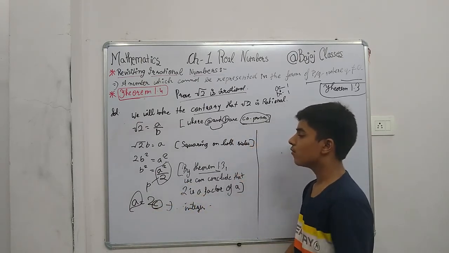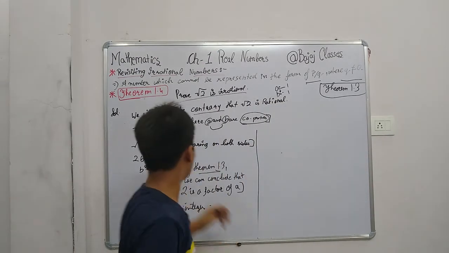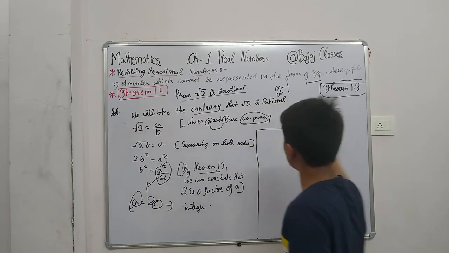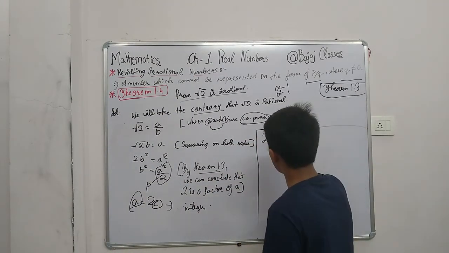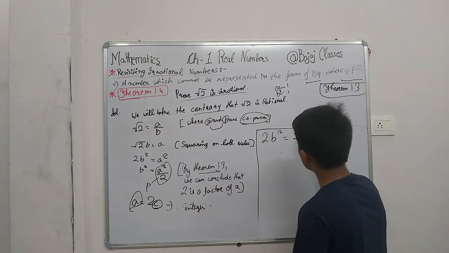Now what happens? We will put this a value here, at the place of a. So we will write 2b square equals a square. What is the value of a? 2c square. So 2b square equals, here it will be, 4c square.